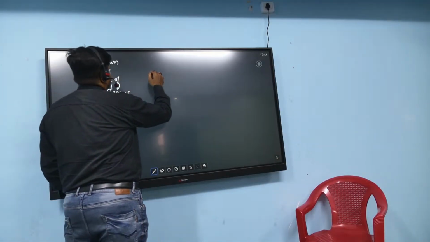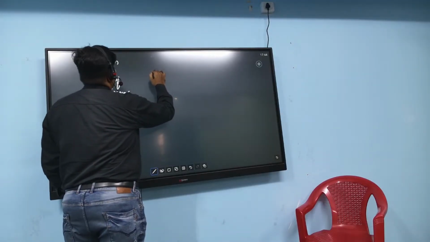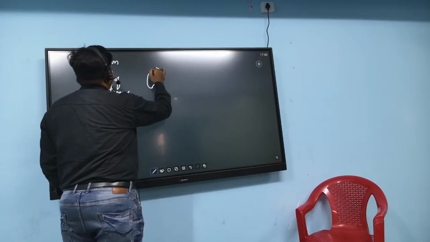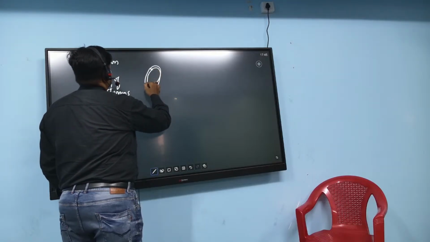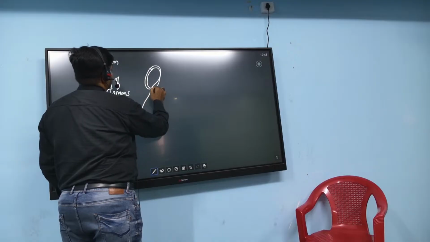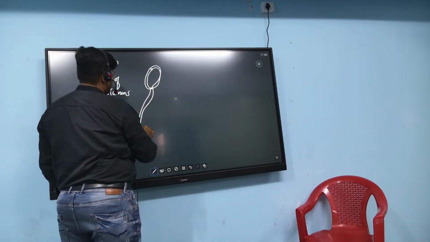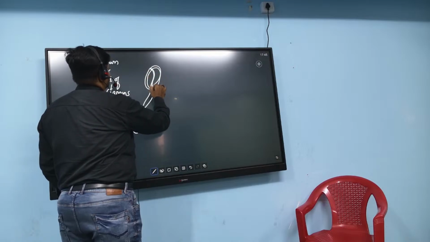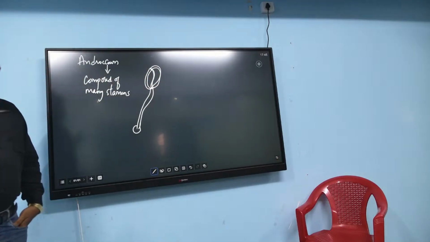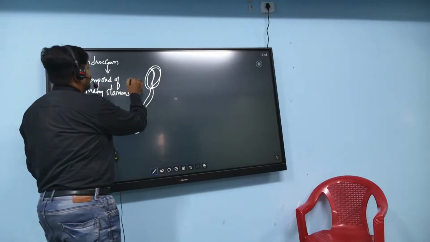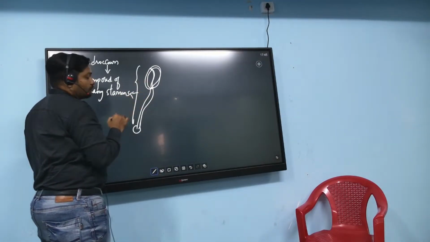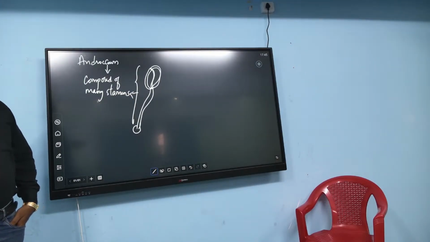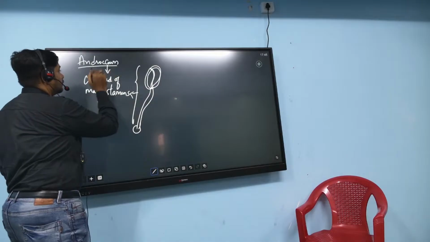If you take the structure of the androecium part, that is one stamen. If you take the single stamen, this one whole structure is called a stamen. Complete. So if it is 10, 20, 100, all together make the androecium.